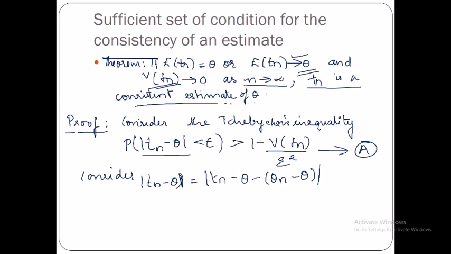I introduced a theta n over here, that's all. I added a theta n and subtracted a theta n, and just rearranged the whole term. Now this is greater than or equal to, I'm going to separate these terms, modulus Tn minus theta n minus modulus theta n minus theta.